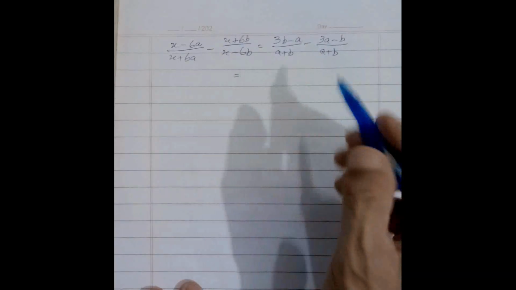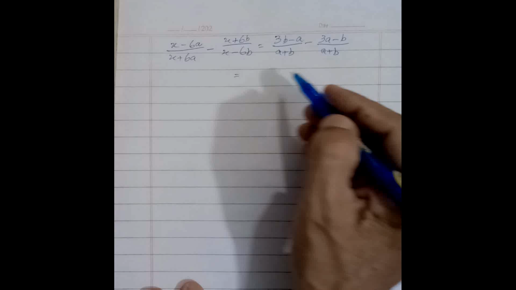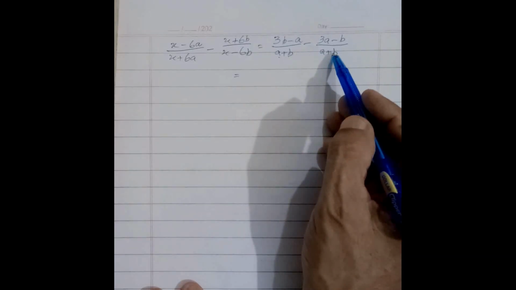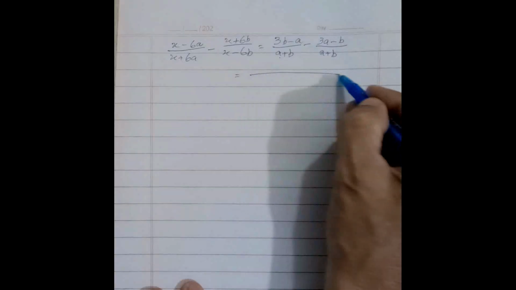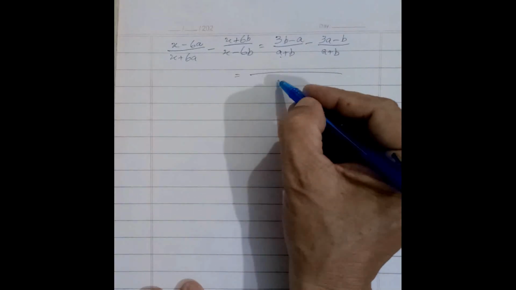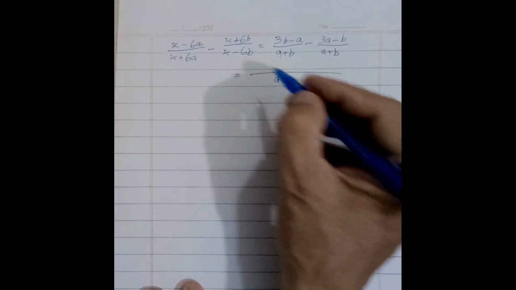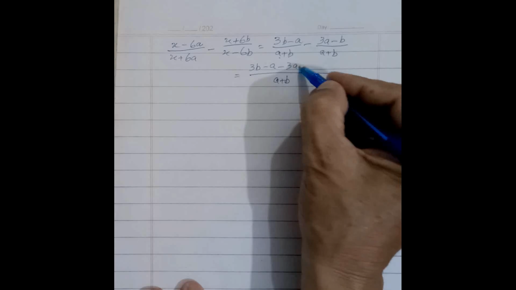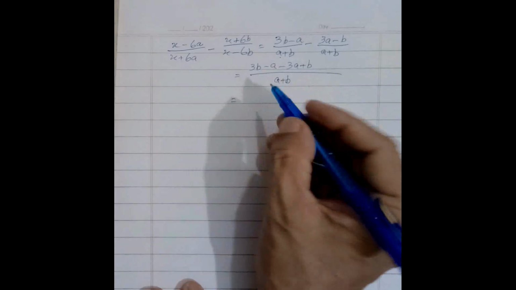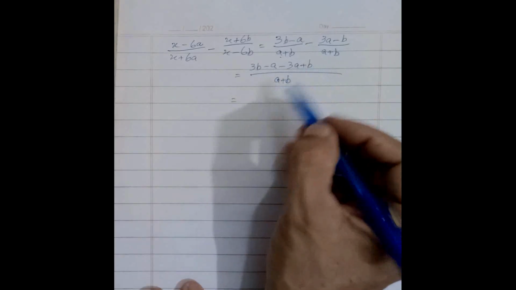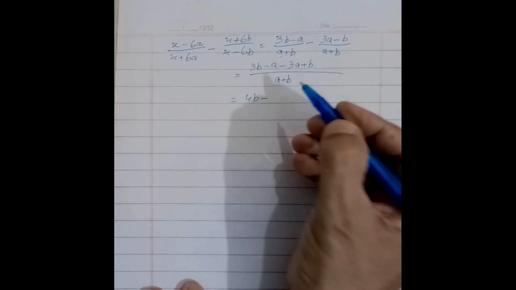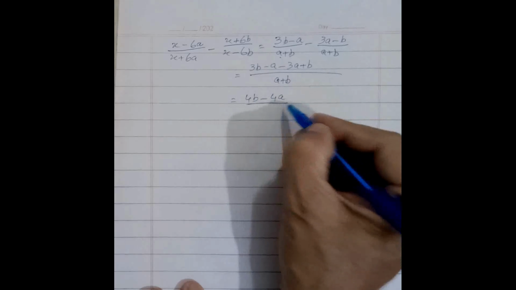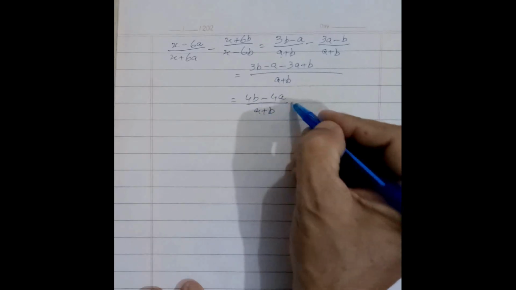Now we solve the right hand side, in which both fractions have the same denominator a plus b, and the numerators are subtracted. So we get 3b minus a minus 3a plus b. 3b plus b, we get 4b, minus a minus 3a, we get 4a over a plus b.